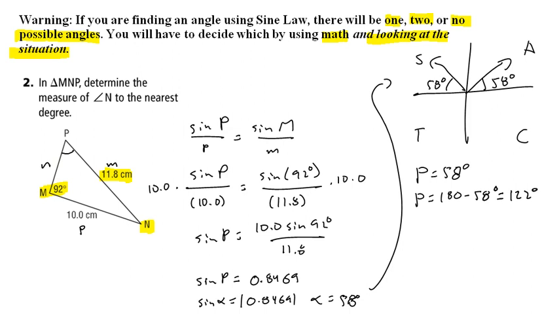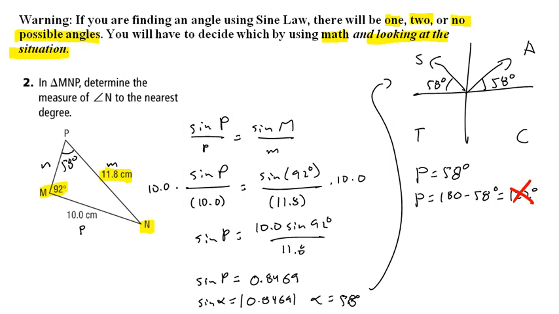Okay, notice that in this case we can't have 122 degrees, because if I were to try to put 122 degrees here for P, in my triangle I'd already have two angles that add up to more than 180. So there's no way my angle P can be 122 degrees. So my angle P must be 58 degrees.